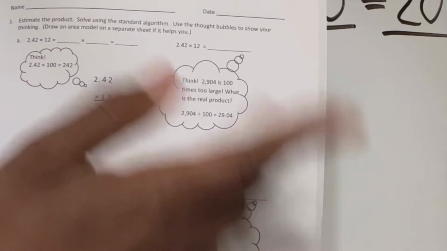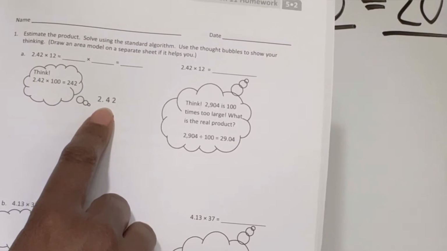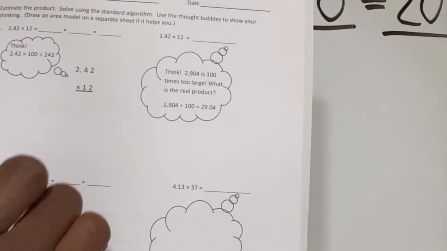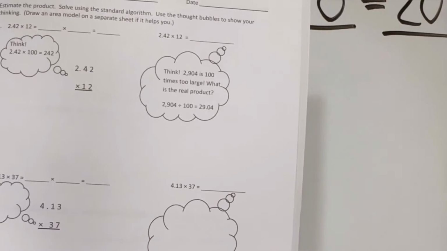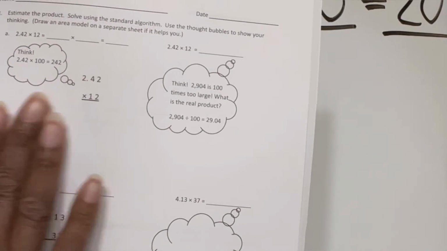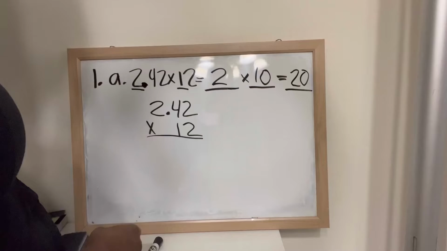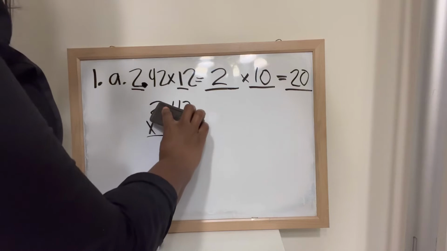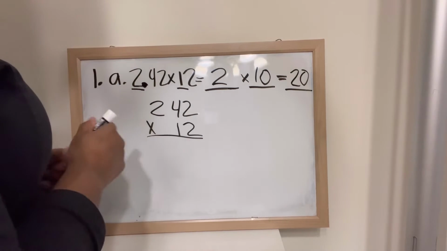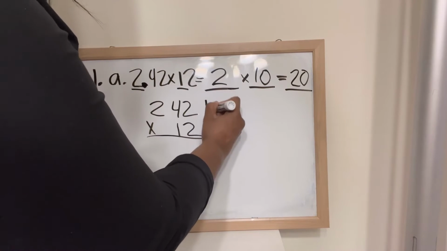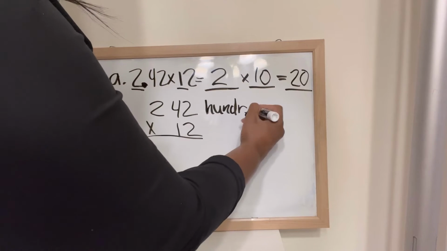Students learned in previous lessons how to place their decimal numbers on the place value chart, how to multiply by 10, 100, or 1,000, and also how to divide by 10, 100, and 1,000. It's just a matter of moving the numbers on the place value chart. I'm going to take this decimal out, but keep in mind I'm going to write hundredths, because this is not 242, this is 242 hundredths.